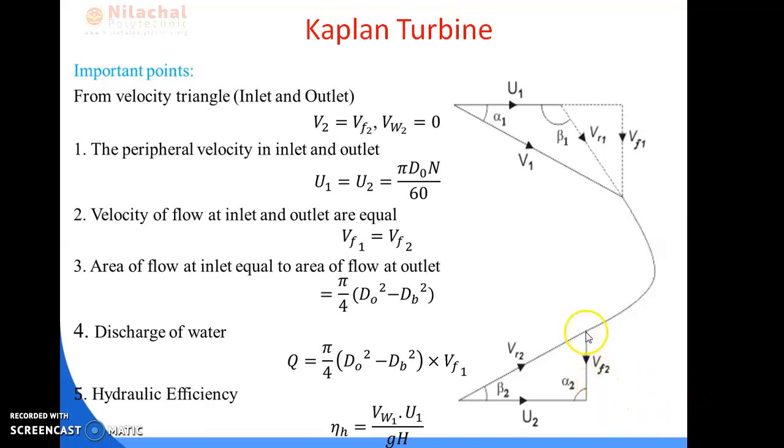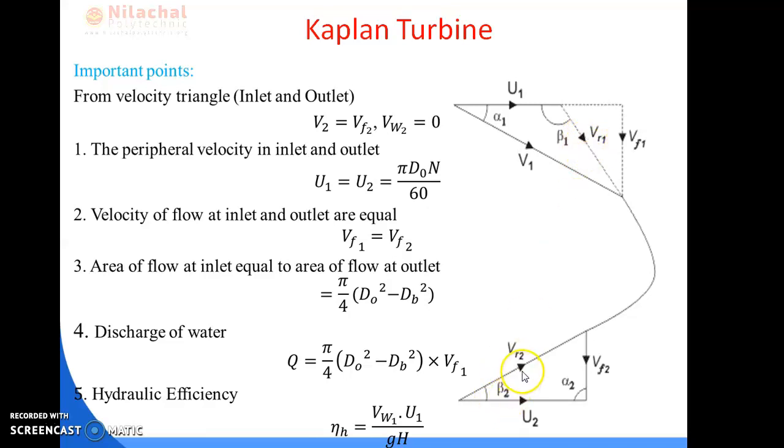So V2 is in a direction of 90 degrees, meaning V2 leaves the blade at an angle of 90 degrees. So alpha 2 is equal to 90 degrees. This is the angle made by the velocity of water at outlet with the velocity of the blade.